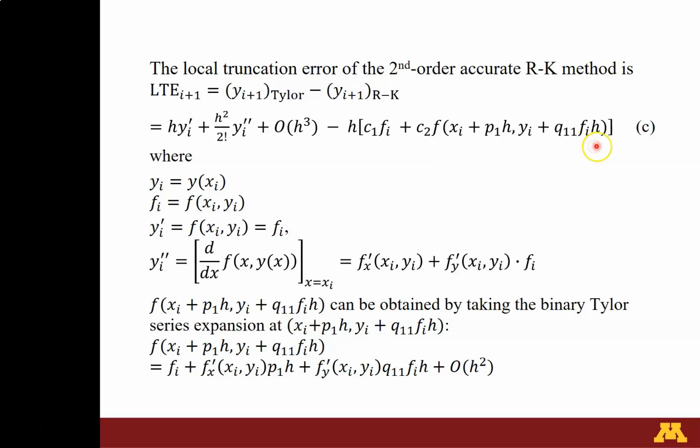And this term can be determined by taking the binary Taylor series expansion at this. So this is another Taylor series. And then we plug all this into this equation. Then we get the local truncation error.